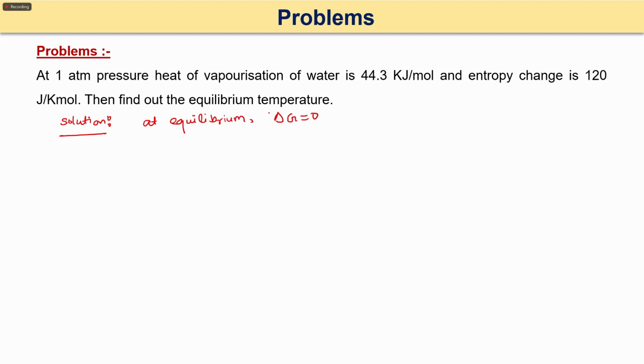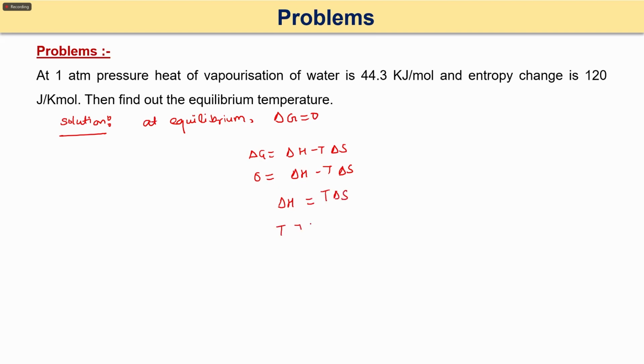And if delta G is equal to 0, we know that delta G is equal to delta H minus T delta S. And if this is 0, now if you solve this, you will get delta H equal to T delta S, and we have to find temperature.